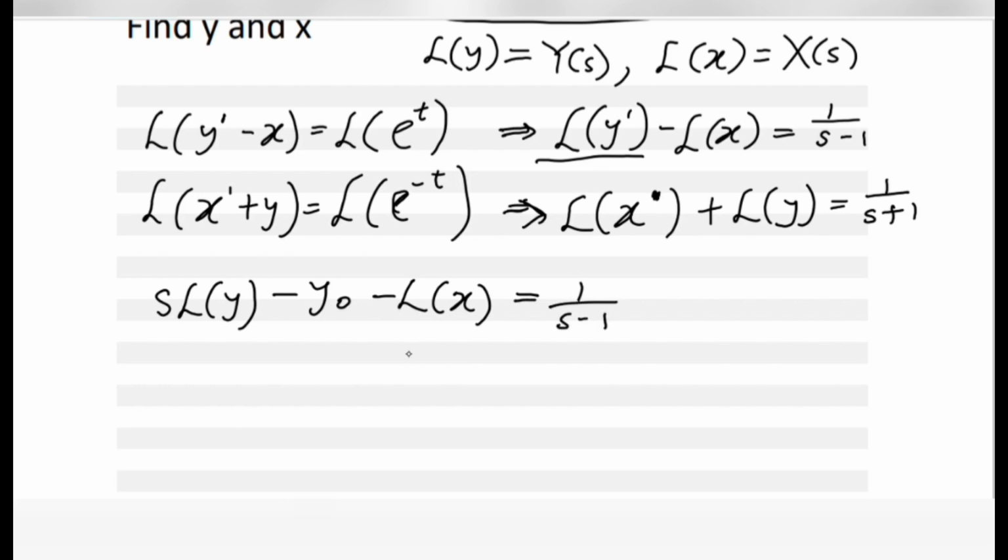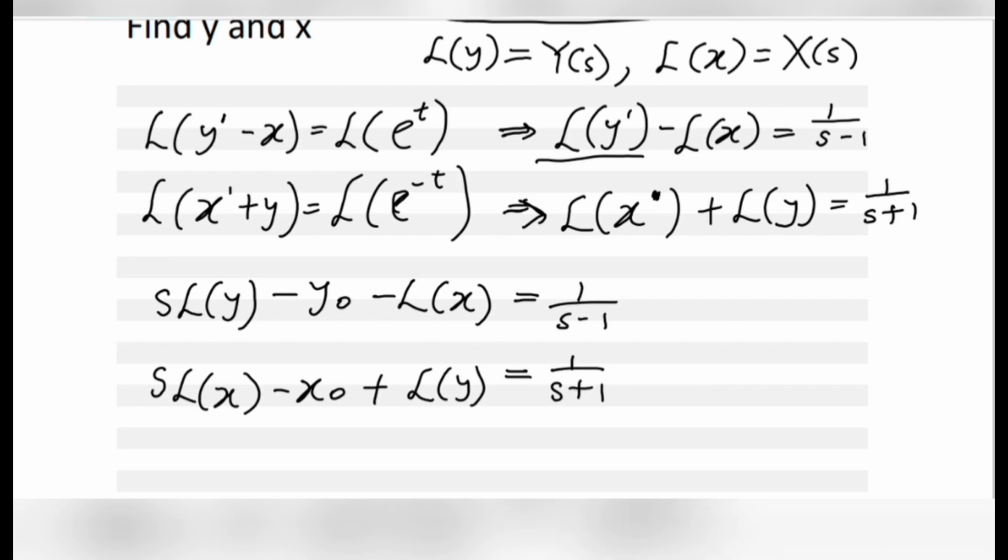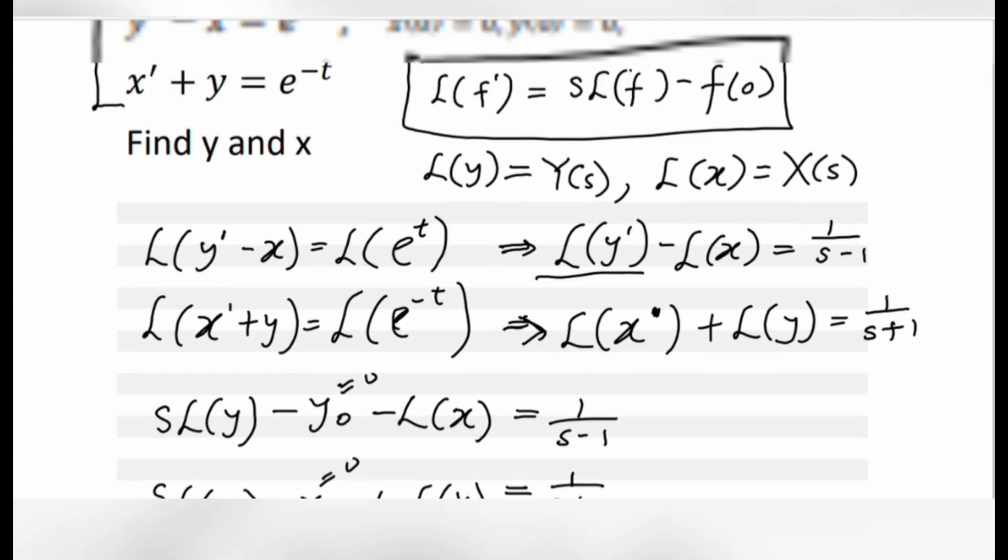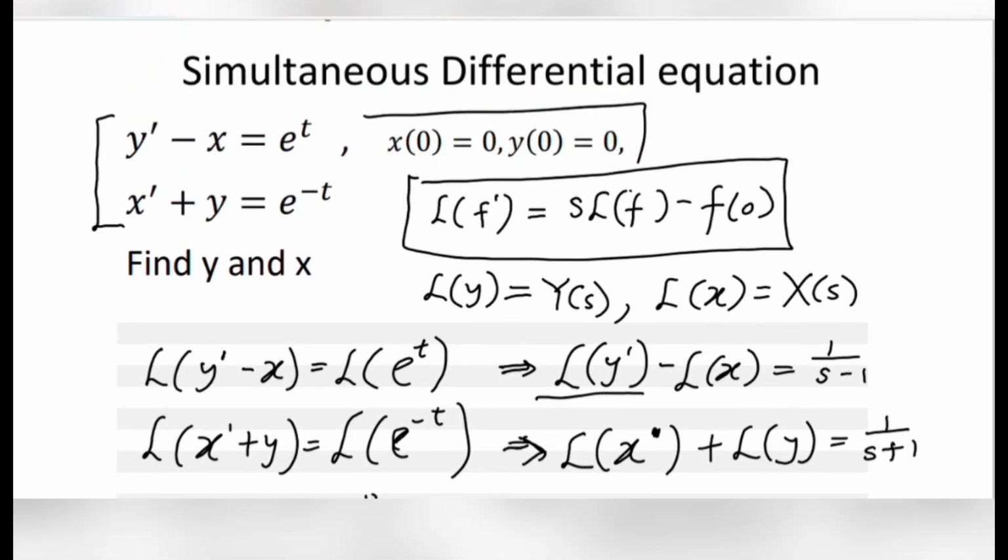And for the second equation, we have s times the Laplace transform of x minus x naught plus the Laplace transform of y equals 1 over s plus 1. And we know this is 0 and this is also 0 from our initial conditions.